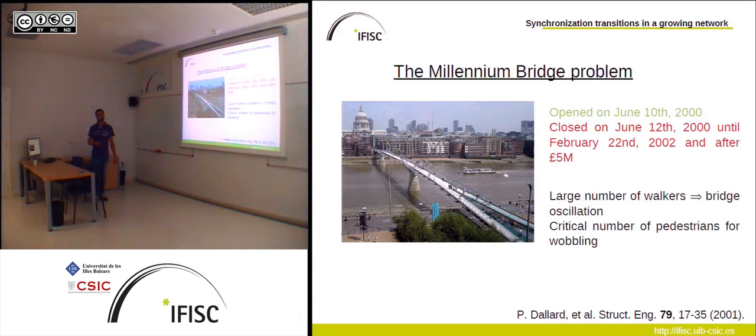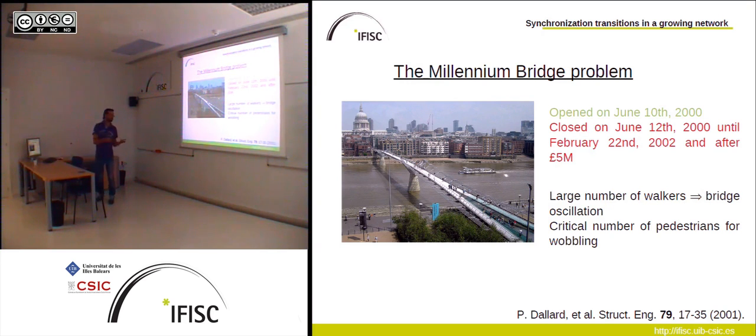Crowd synchrony was observed for the first time in the Millennium Bridge in London. This is a pedestrian bridge that was opened on June 10th, 2000, but it was closed 2 days after the opening day because of excessive wobbling in the transversal direction.